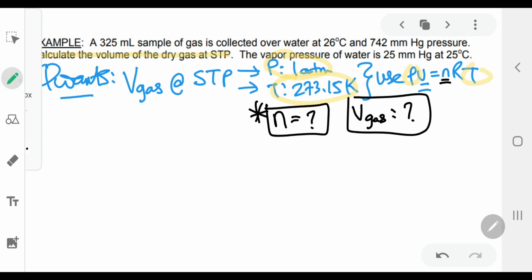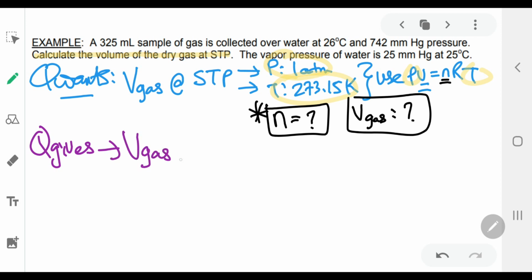The question gives information about the volume of the gas at 26 degrees Celsius, which is 325 mL.